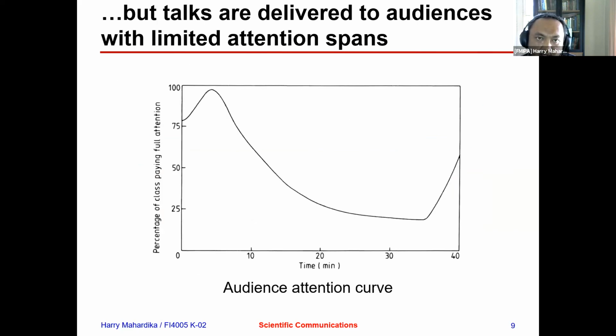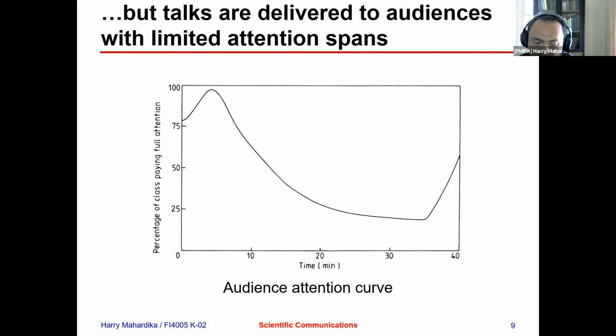Oh yeah, the limitation of giving a talk, however, is that the audience's attention to a certain talk will decrease as time progresses. Their attention will pick up again when we reach the point where you're going to conclude your talk. When you finish your talk, it will increase again. This is from a certain study on lectures in scientific communication.